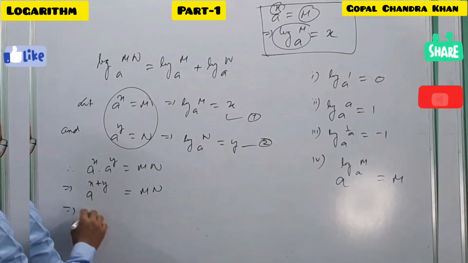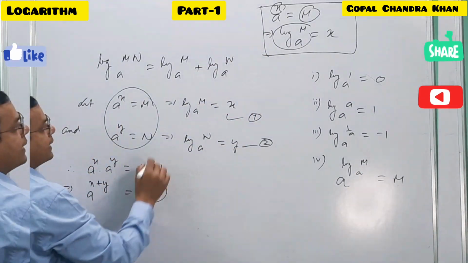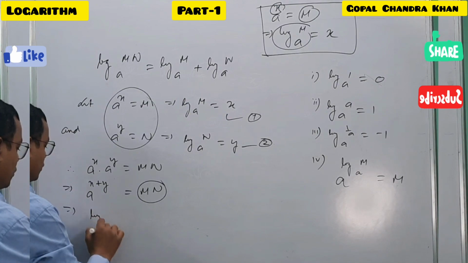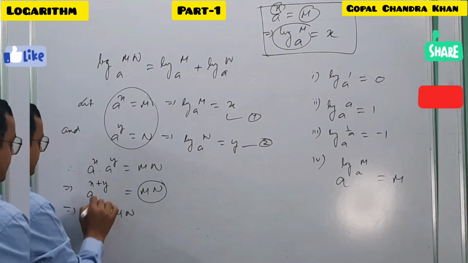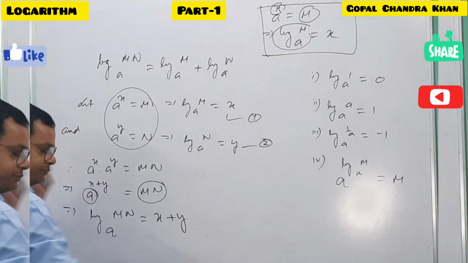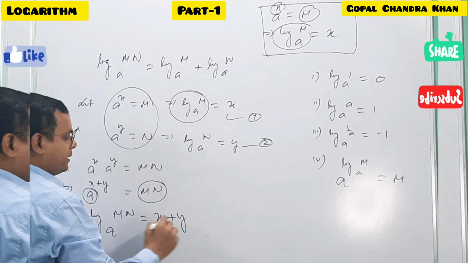Now see, if I use the same logarithm formula, this is acting like m. So here you are getting logarithm mn base a equals to x plus y, and in x plus y, can I replace this x value by this?